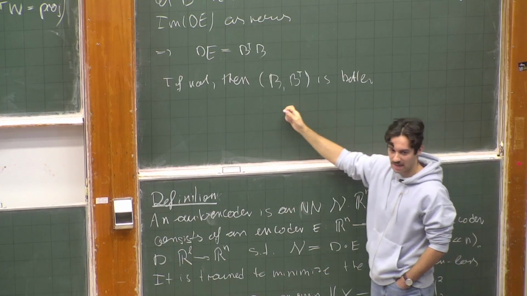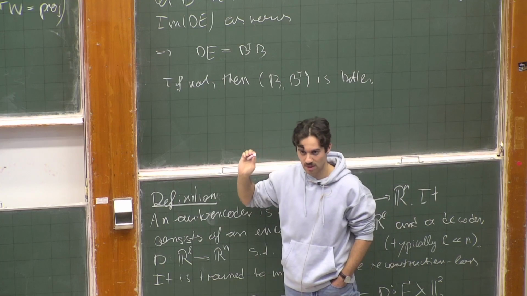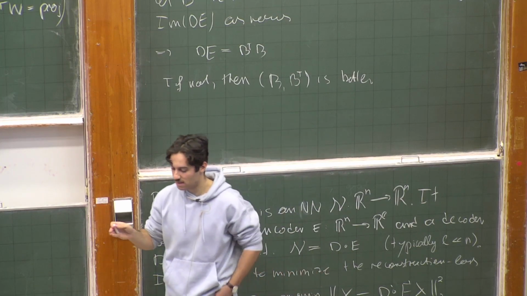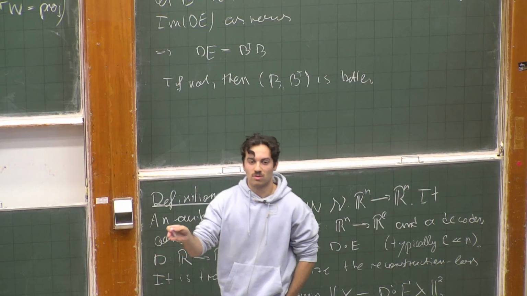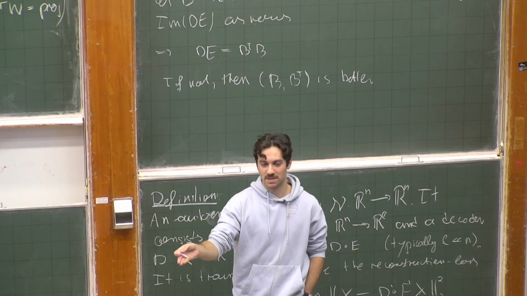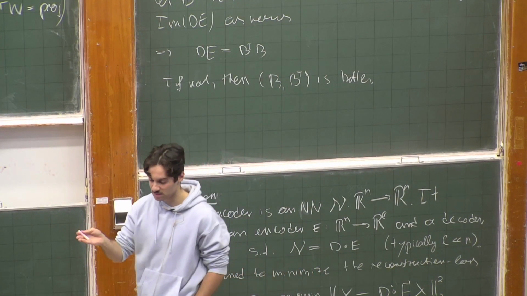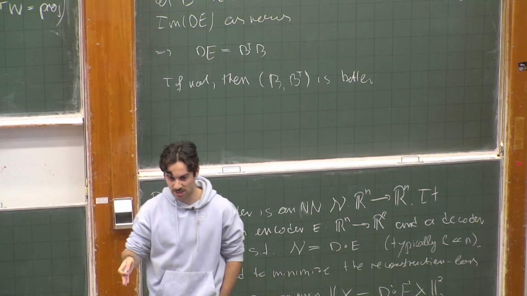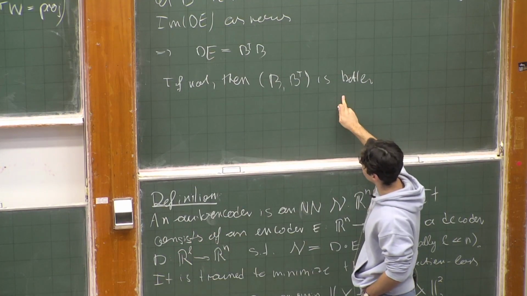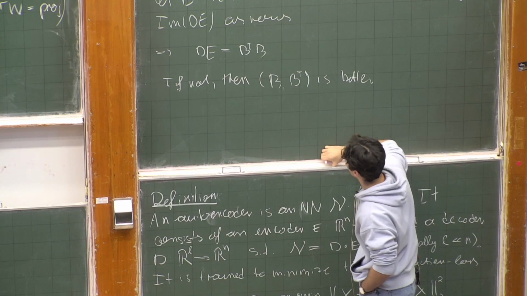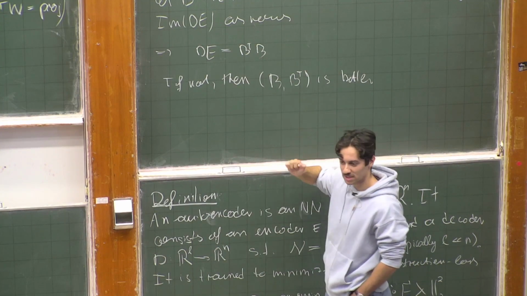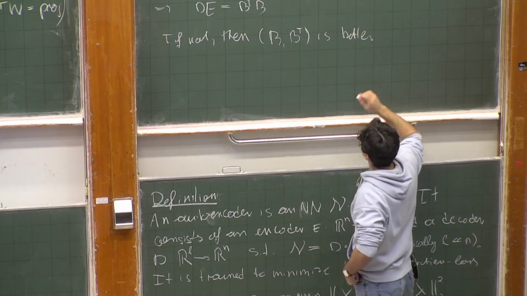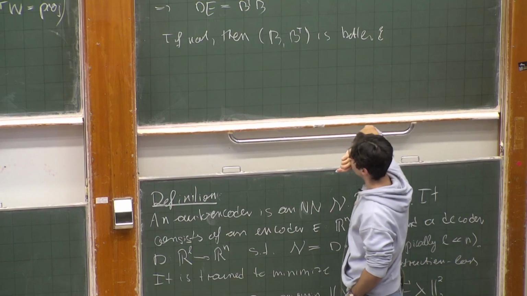This is because L2 is a Hilbert space, and we know that in Hilbert spaces, if you have a bunch of points and you want to find the point on the linear subspace which has the minimal distance to another point, then it's given by the orthogonal projection. So we would find a better lower dimensional embedding, and this is a contradiction.